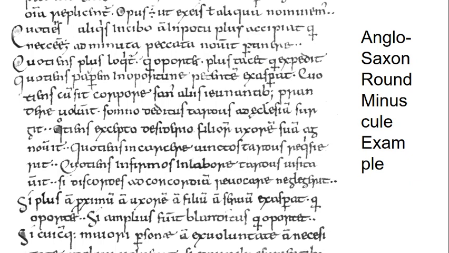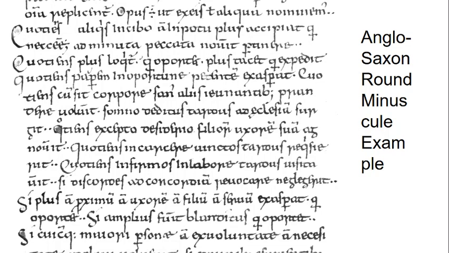Here we have Anglo-Saxon round minuscule, and it's the obvious thing, it's round. The descenders are still somewhat tapering, but the way you can tell it apart from Anglo-Saxon pointed minuscule is that it has generally a bit of a thicker nib, and also a more rounded shape in general. It's a bit hard to say here because some of the letters are clearly influenced by Caroline minuscule script.